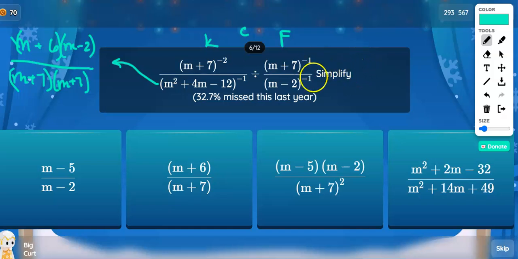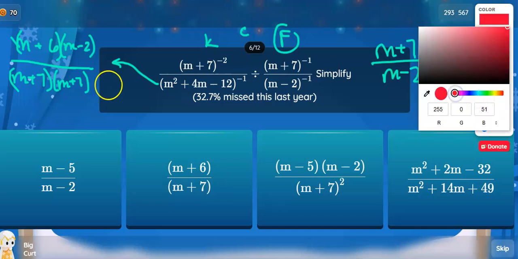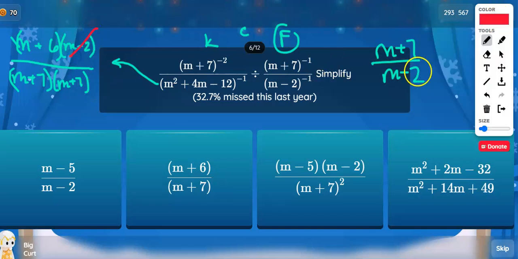So again, I flip because they're negative exponents, but I gotta keep, change, flip. So I flip it twice and it ends up right back where it started. At that point, let's see if any cancel out. I know I'm on 2 different sides of my screen. The m minus 2's will cancel, the m plus 7's will cancel, and in the end, I'm simply left with the m plus 6 over m plus 7.